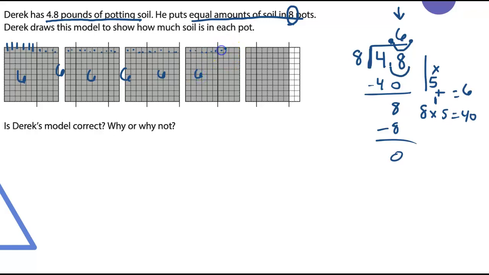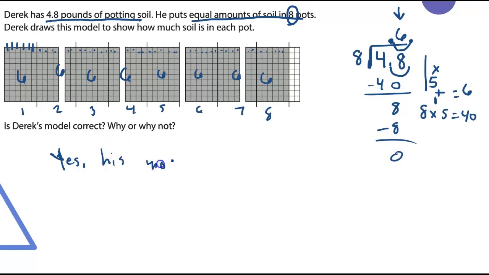So far he's on a roll. Now I have to make sure he has 8 groups of 6 tenths. So 1, 2, 3, 4, 5, 6, 7, and 8. So yes, his model is correct.